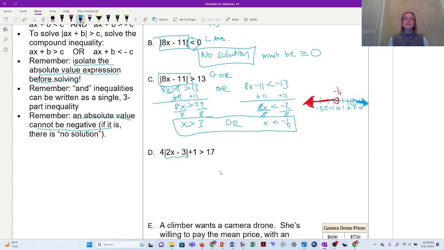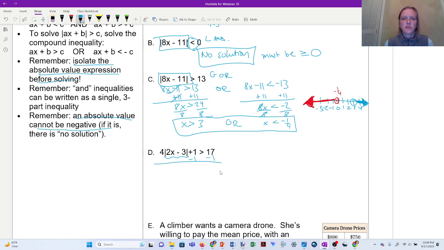So before I set up the two inequalities, first I need to isolate this absolute value expression. So I want to get rid of the 1 and the 4, but I'm going to do this in reverse PEMDAS order, so I'll get rid of the 1 first.